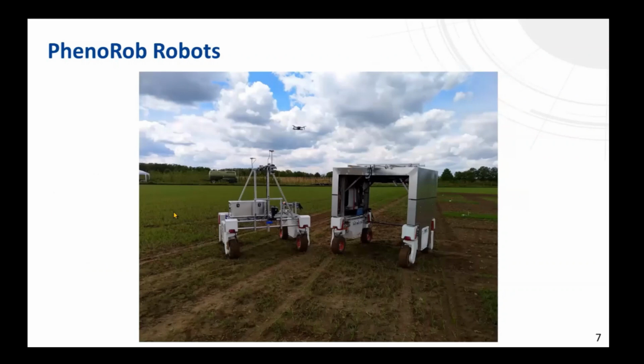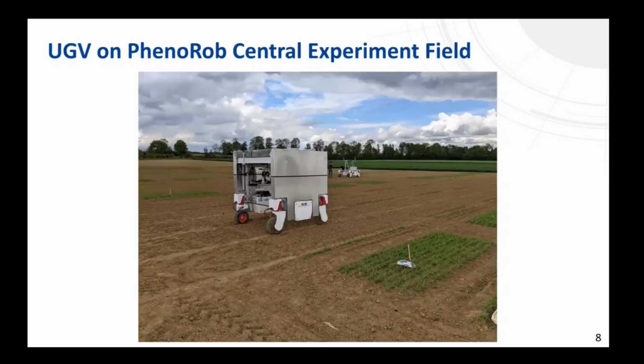So there is another variant of this Torvald robot, which is used in CP4 for intervention for weeding, essentially. And you see also here a tiny flying robot that we recently started using to capture plants on the field. So the field of interest that we are looking at is the PhenoRob Central experiment field in Klein Altendorf, which is near Bonn.